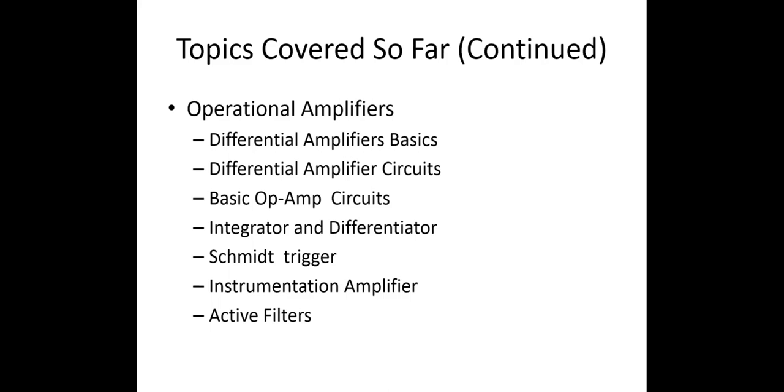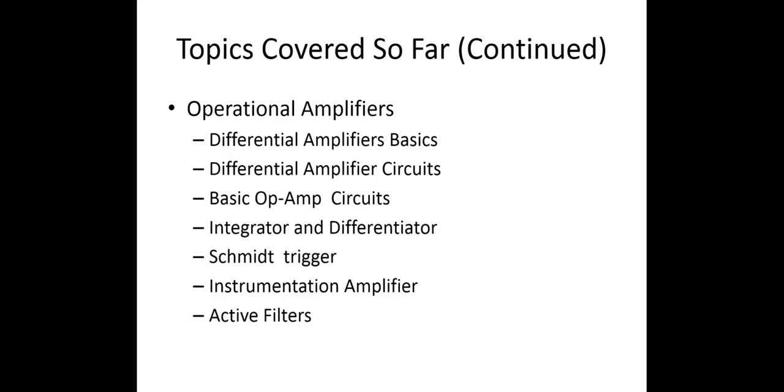After that, we moved on to the operational amplifiers and their applications and limitations. So this module covers chapter 10 and chapter 11 of our textbook. Operational amplifiers, as we discussed earlier, are a special case of differential amplifiers.